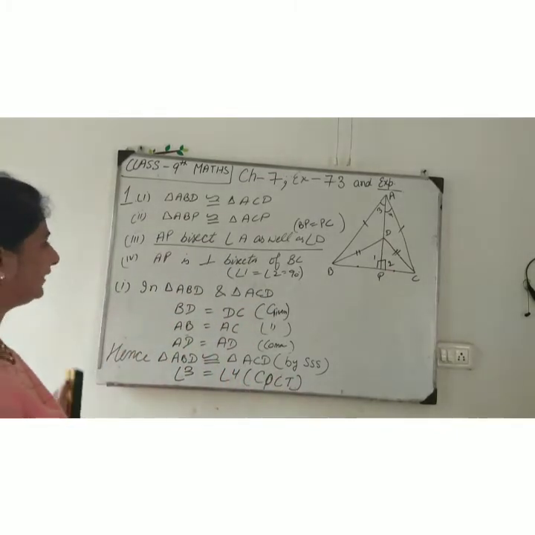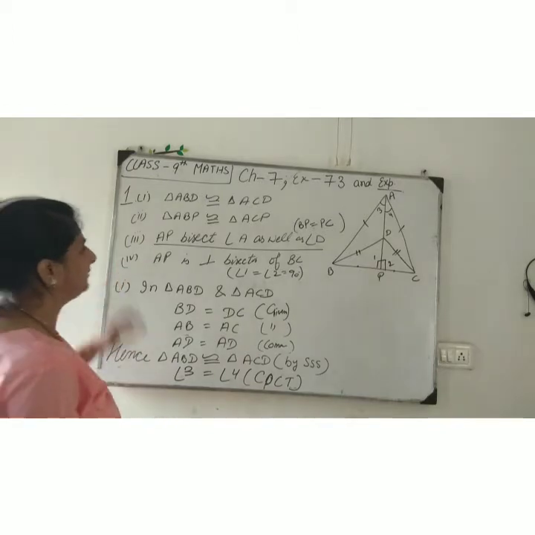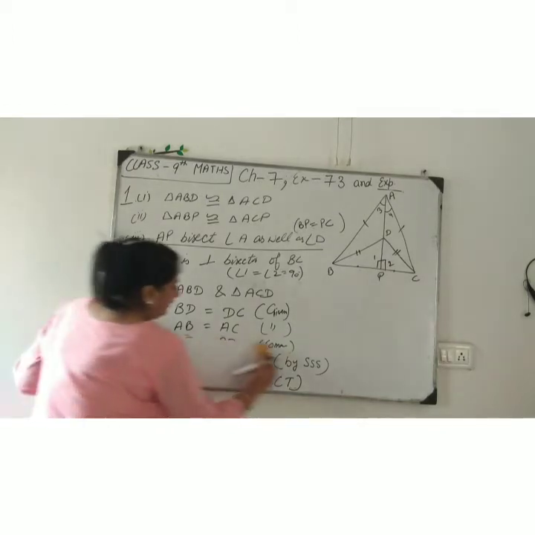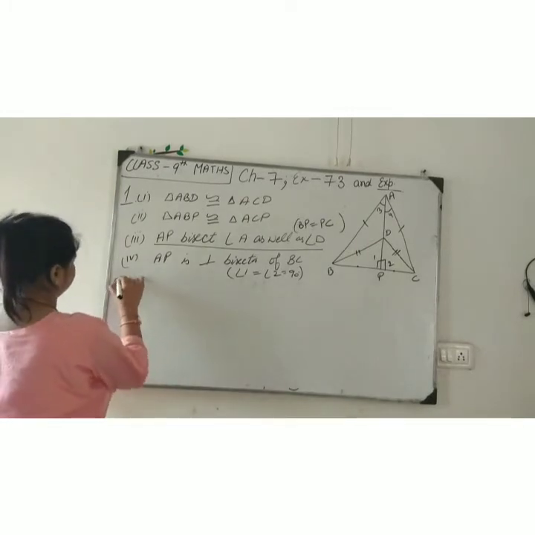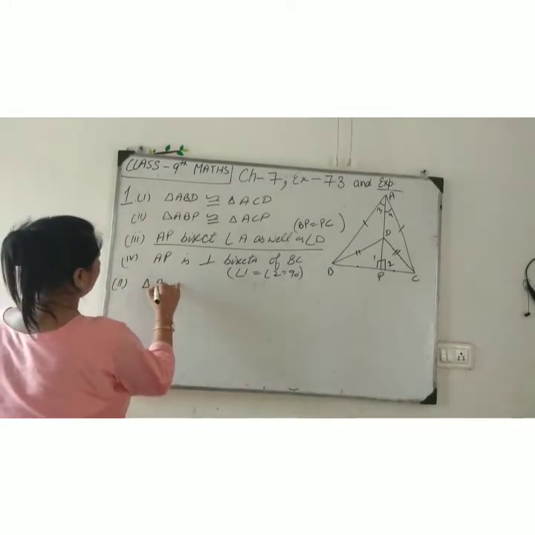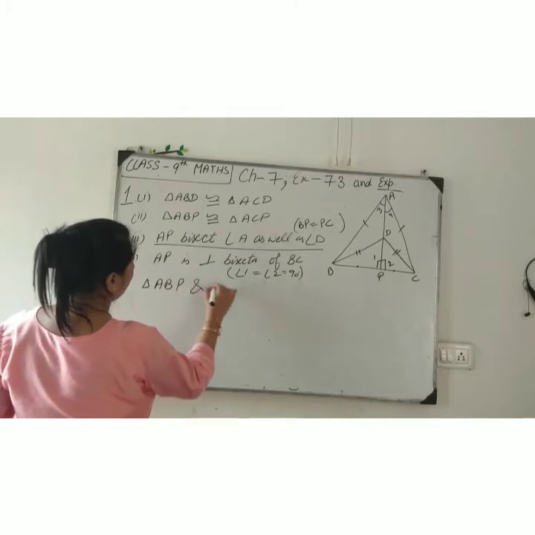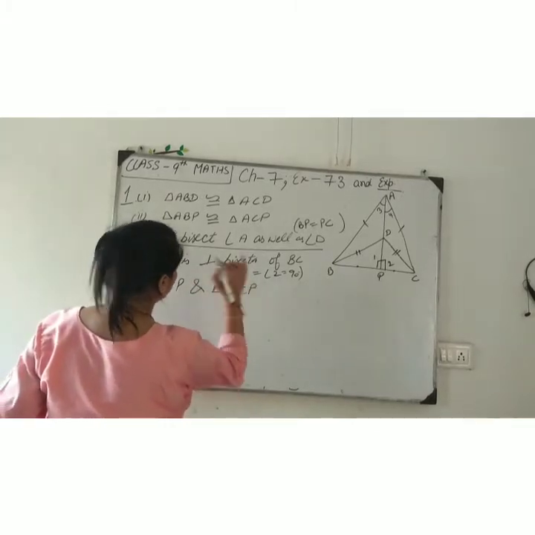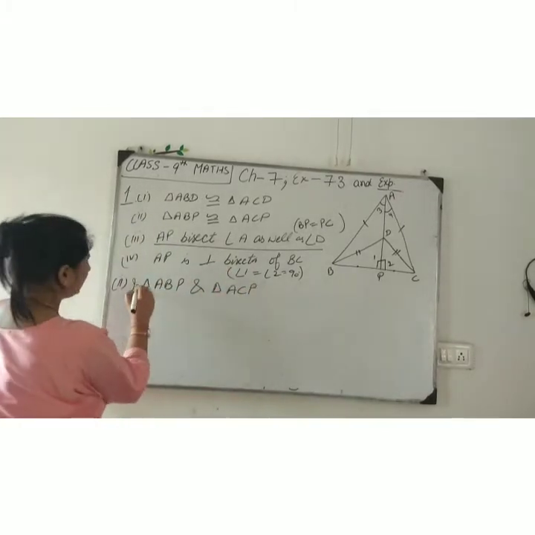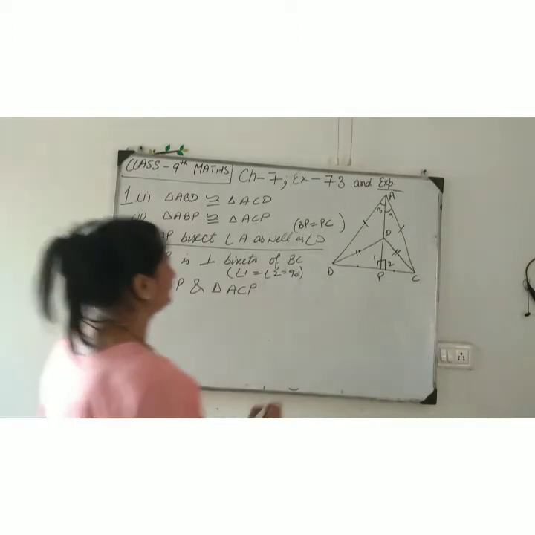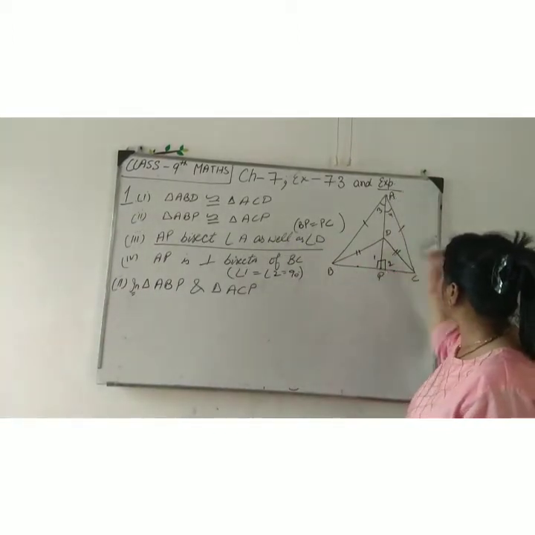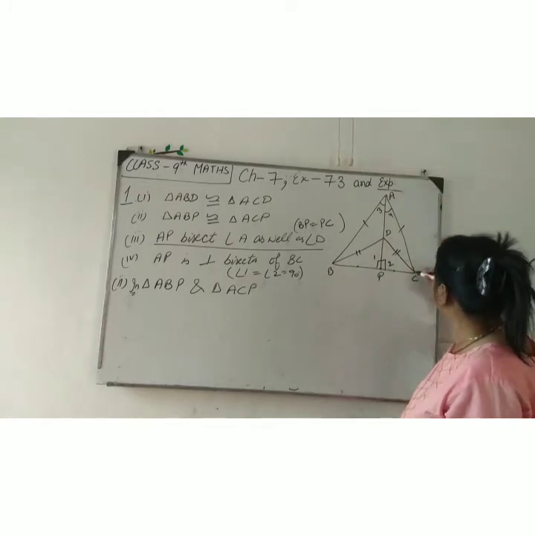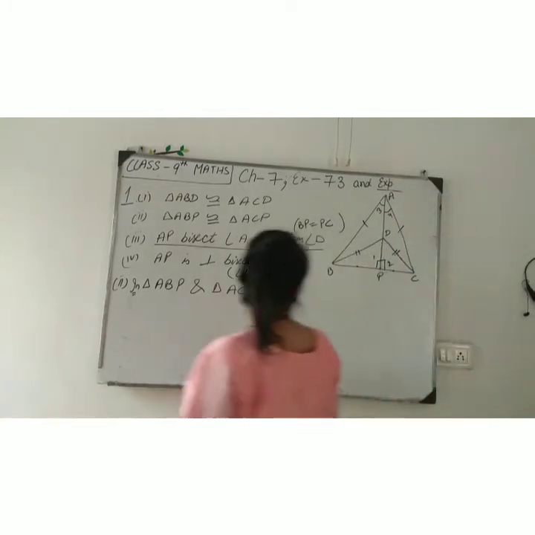Now the first part I have done on the board. Now go with the second part. Triangle ABP and triangle ACP. Clear?